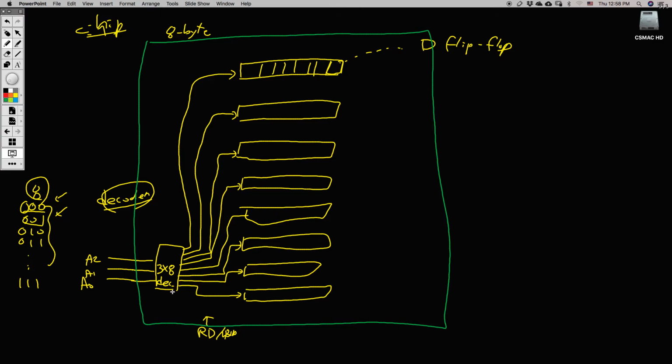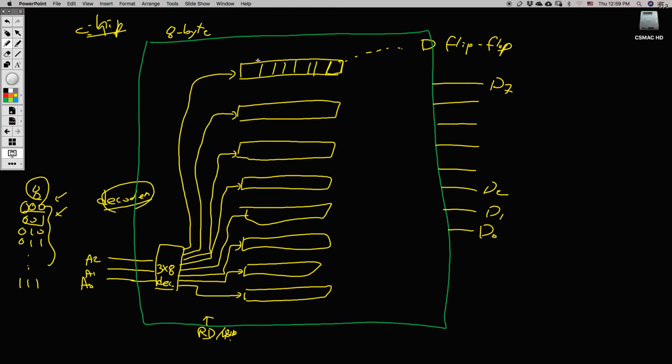Inside the chip we have a decoder, a group of flip-flops and the like. Then depending on whether you read or write, and depending on the address value, something appears on the output. So 2, 3, 4, 5, 6, 7, 8. Let's label them D0, D1, D2, up to D7. So that's where the data is.